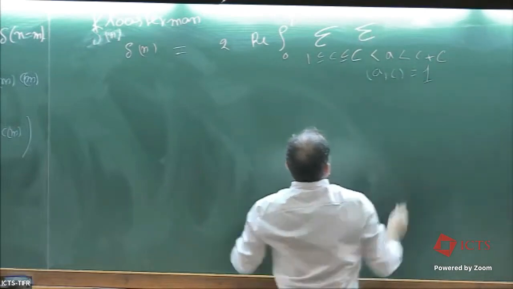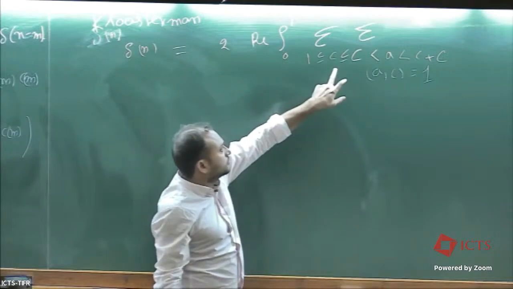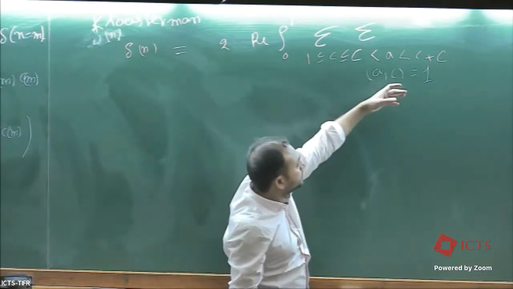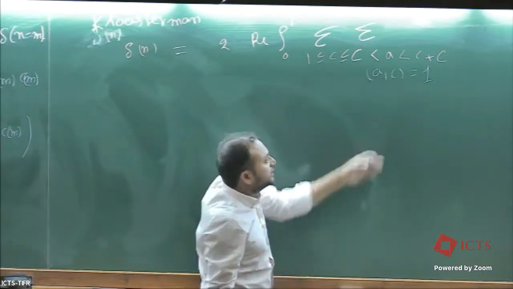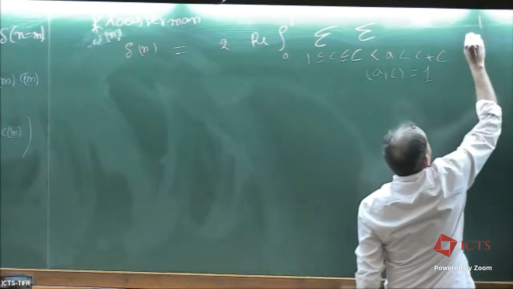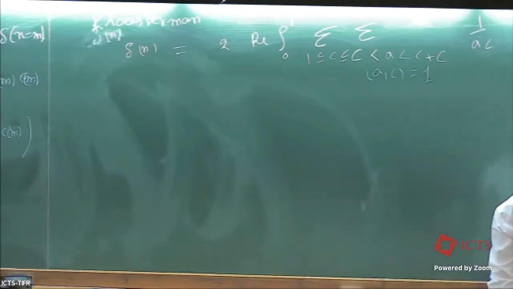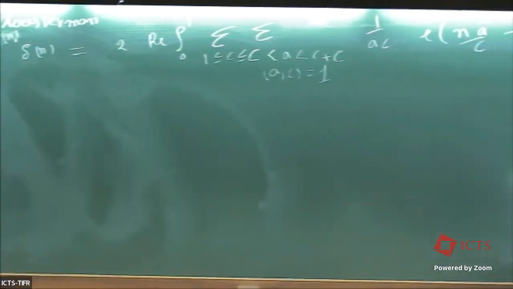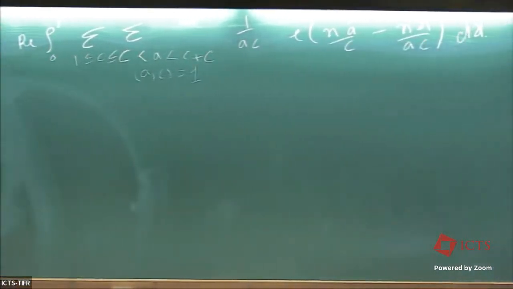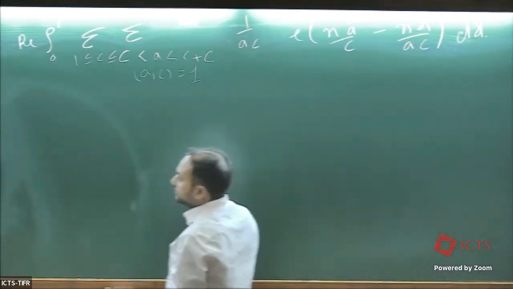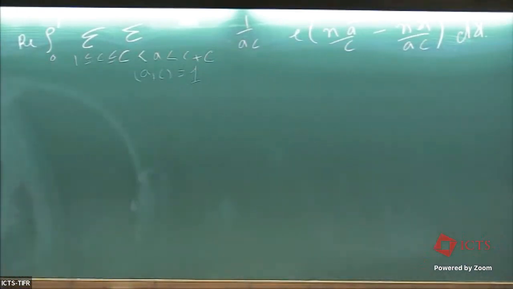C is varying from 1 to some capital C. A is varying over residue classes modulo c, with a coprime to c, of 1 by ac, times e of (n a bar by c minus nx by ac). So you have a nice expansion for this delta symbol.